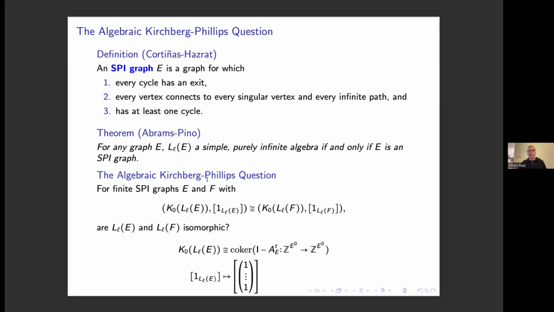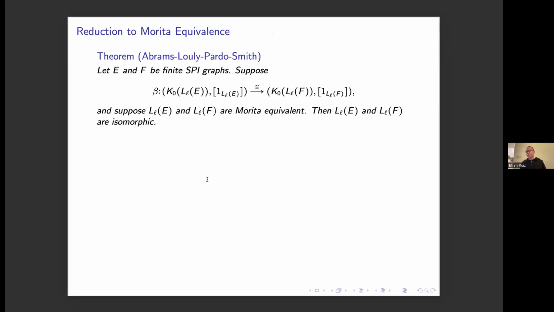Okay, so the first thing I want to do is make a reduction of the question, where it's just enough to prove that you have Morita equivalence between these two Leavitt path algebras. This is due to Abrams, Louly, Pardo, and Smith in their Journal of Algebra paper in 2011. I want to outline the proof because, if I have enough time, I'm going to talk about the infinite graph case, and this comes into play in terms of the things that we don't know.